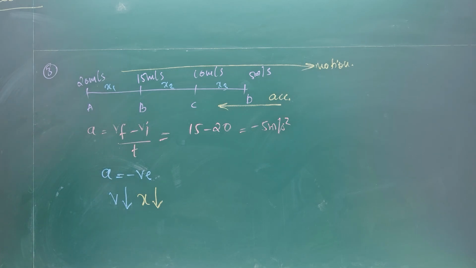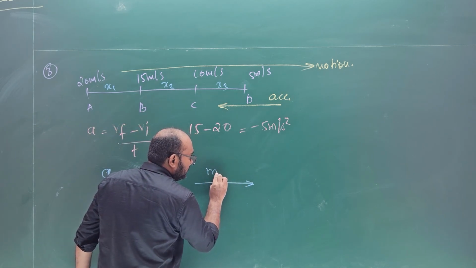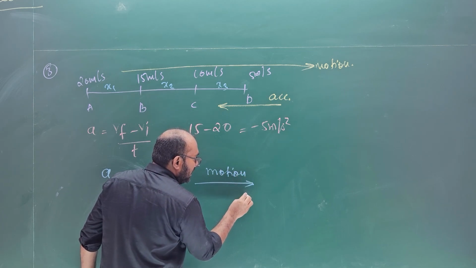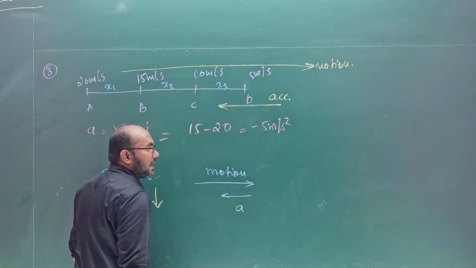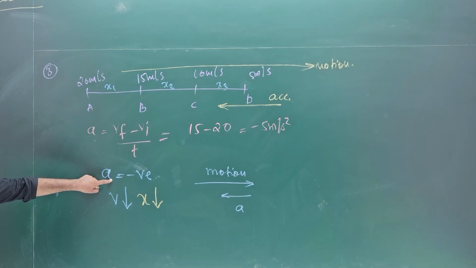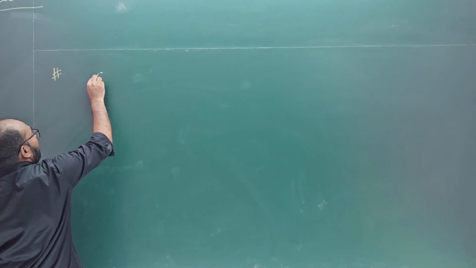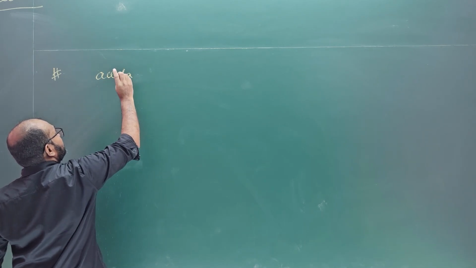If acceleration is negative, then can I say that it is opposite to the direction? So this is the direction of motion and this is the direction of your acceleration. So always opposite when acceleration is negative. Right on. Okay, now next is acceleration is a vector quantity, right?